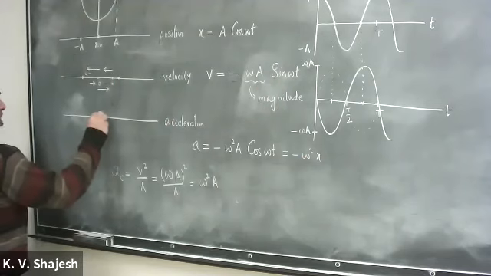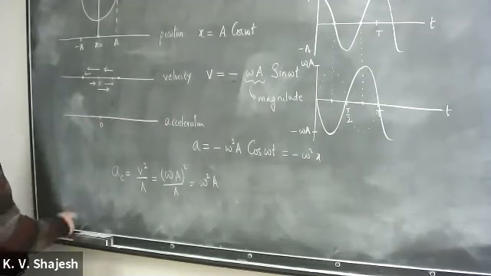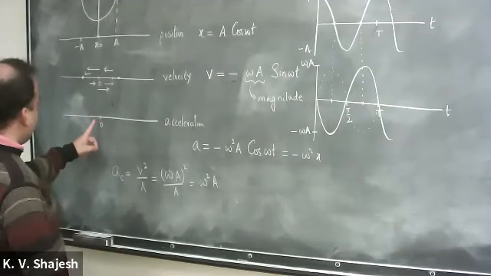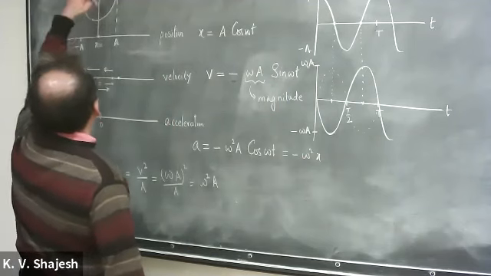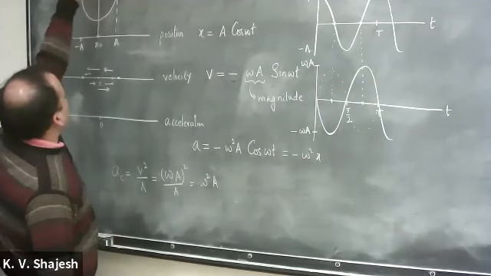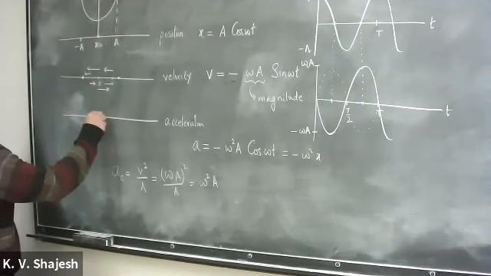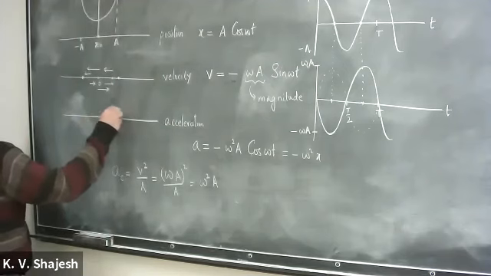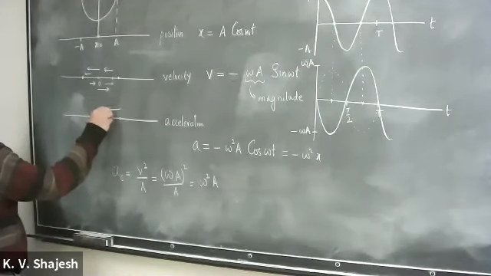What about acceleration? How does it look at x equal to 0, or wherever it is the equilibrium point? Right at this point, acceleration is all vertical, no horizontal component, so there is no acceleration here, 0. When it is stretched maximum, the acceleration is large, inward.